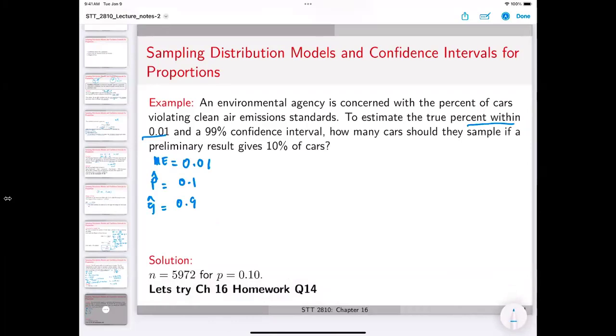So let's try to do question 14. Let's see. I think there was one that asks you to compute the sample size.